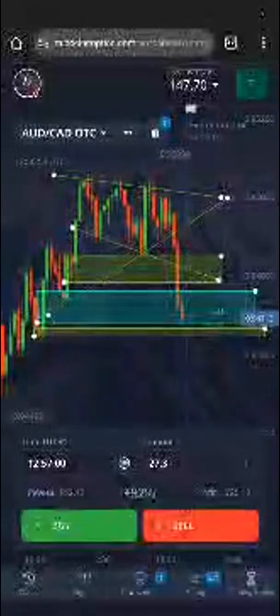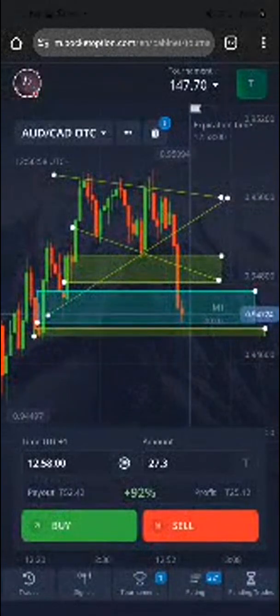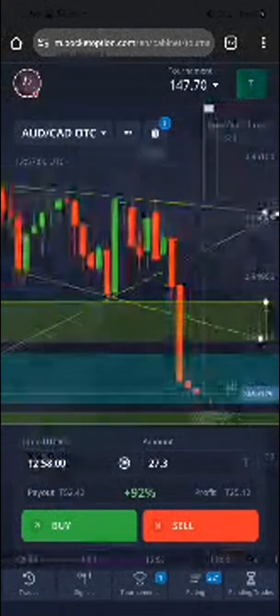So when the price gets to an extent, they just pull the rug on everybody. This is an example of it. So all the supply and demand areas will seem not to work, and you'll be wondering what's happening. But it's a liquidity grab. It happens a lot.